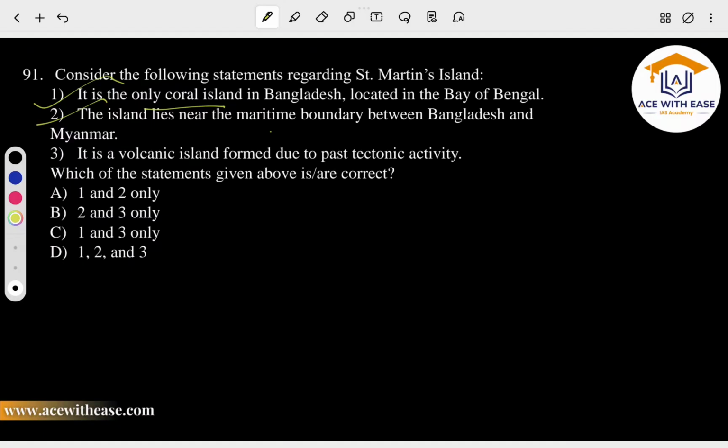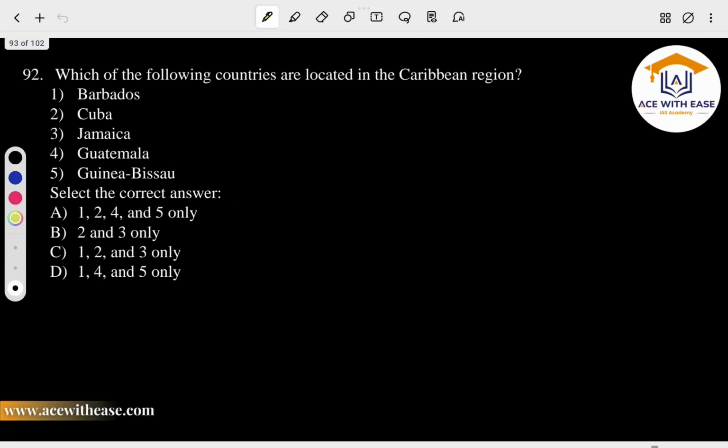Third, it is a volcanic island formed due to past tectonic activity. No, this is wrong. It is a coral island formed due to coral polyp and coral reef growth, not due to tectonic activity. So only options 1 and 2 are correct.